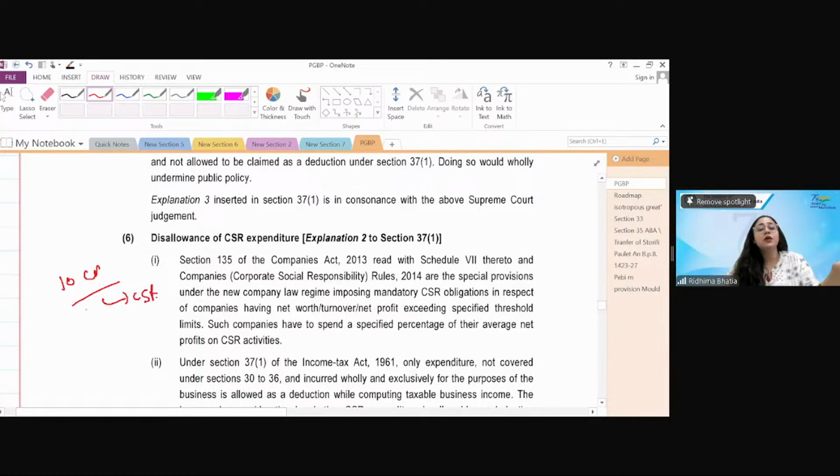The question is, is this 10 crore a business expenditure or not? What do you think? Yes, no.